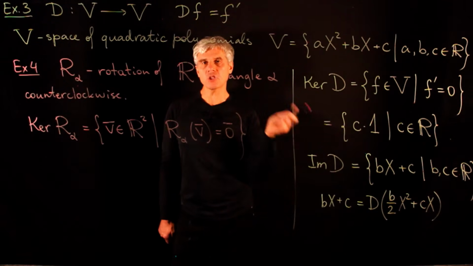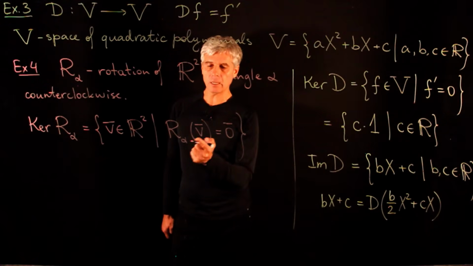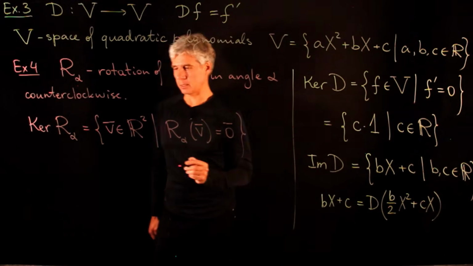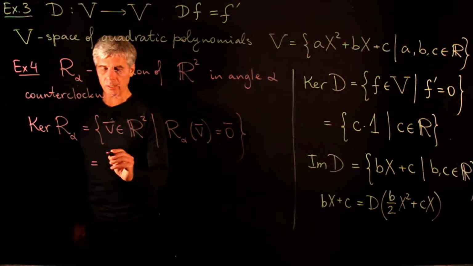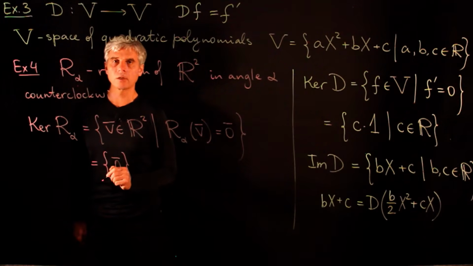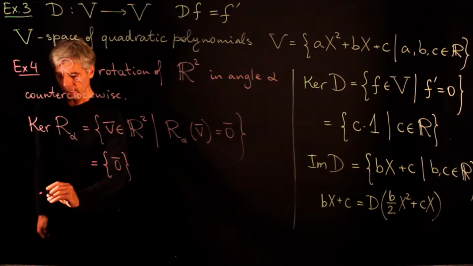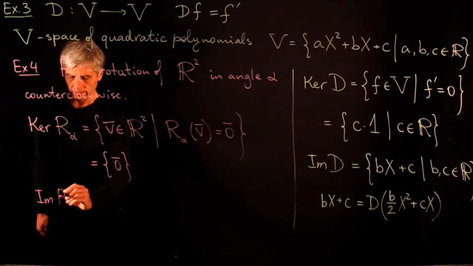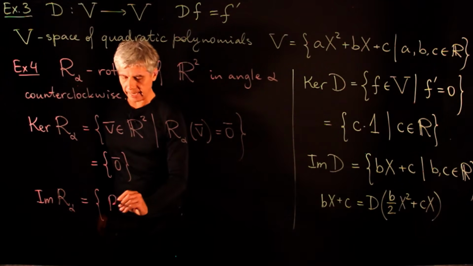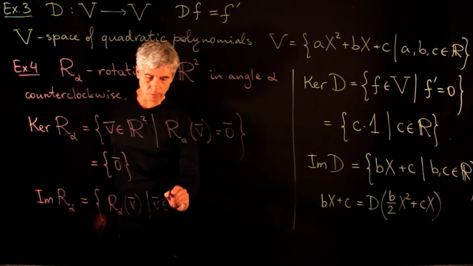But we know that the rotation operator preserves the length of a vector. And so this means that if a vector is rotated into a 0 vector, then this vector itself is 0. And so this tells us that the kernel of this linear transformation consists just of the 0 vector. Now, how about the image of R alpha? So that will be the set of all values R alpha of v as v runs over R2.